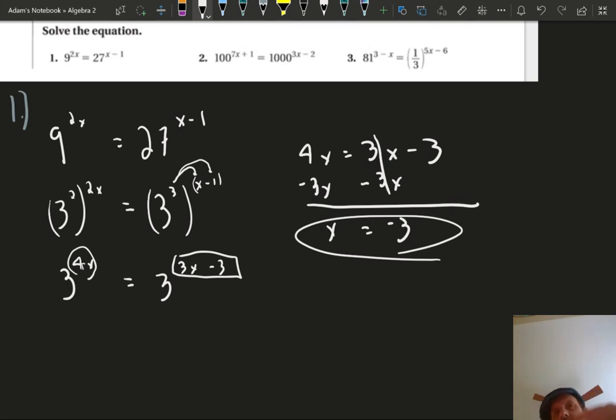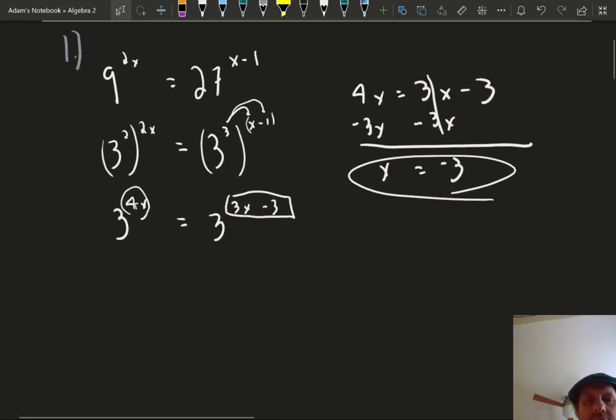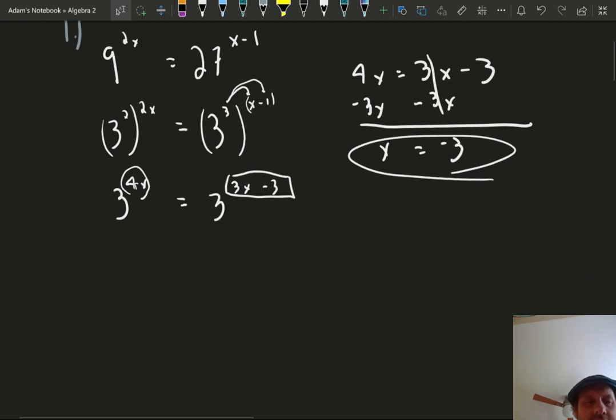I know that kind of gets tedious after a while. I'll make you aware where it's completely necessary. But for right now, we can just see that 4 times x is 4 times negative 3, so that gives me 3 to the negative 12th equals 3 to the 3 times negative 3, which is negative 9, minus 3 is also negative 12. So you're good right here, okay?